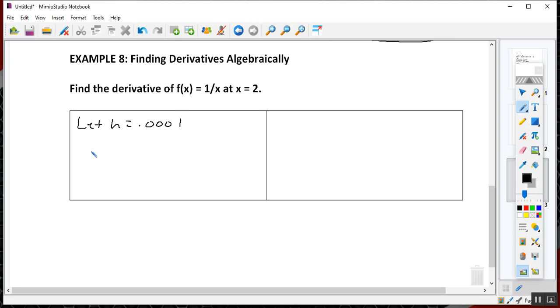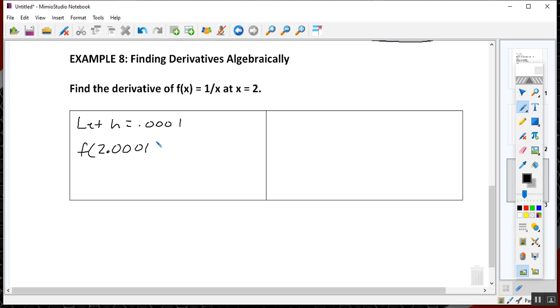So here we go. We're going to consider f of, what's the a value here, kids? The a value is 2, so we're around the x value of 2, f of 2.0001. Are you with me?